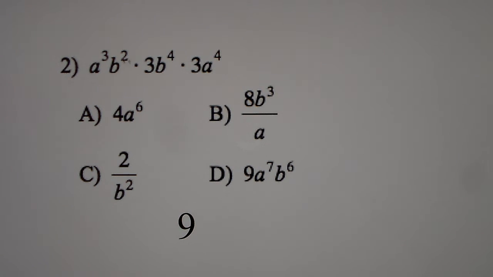Well, those two a's can be combined. 3 plus 4 gets you a to the seventh. b squared times b to the fourth, that's b to the sixth. So our final answer is 9a to the 7th times b to the 6th.